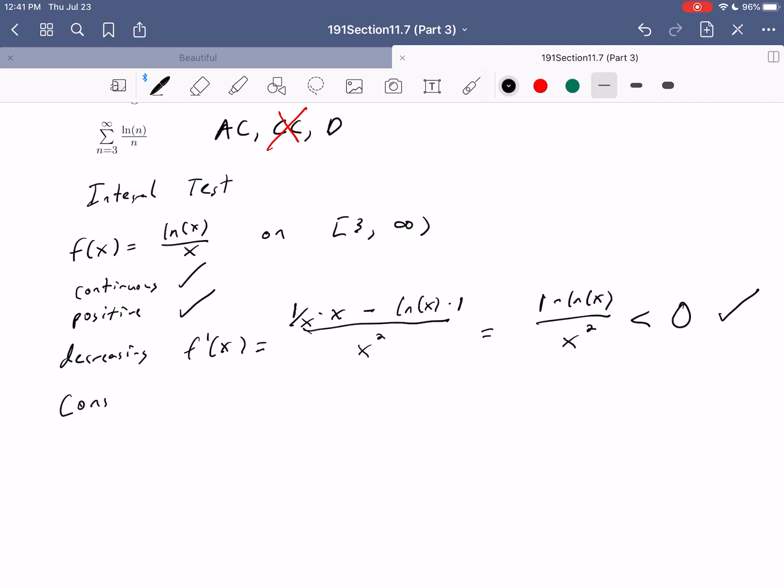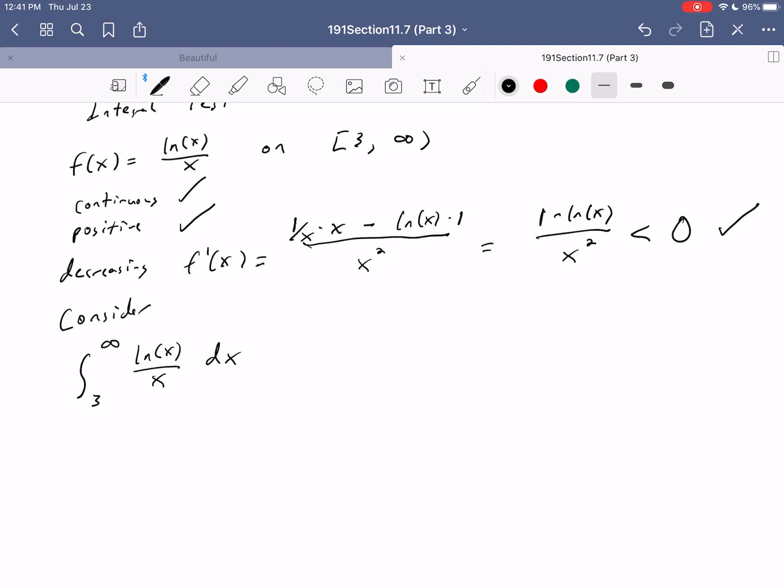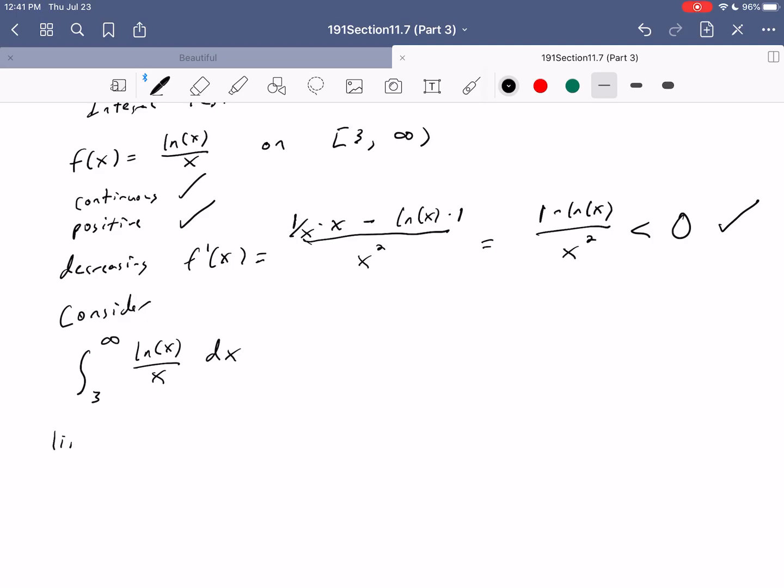So now we can consider the integral from 3 to infinity of ln x over x dx. Immediately change that into a limit. So limit as t goes to infinity, integral from 3 to t, ln x over x dx. We can do a u sub. u equals ln x. du is 1 over x dx. The original x bounds were 3 and t.